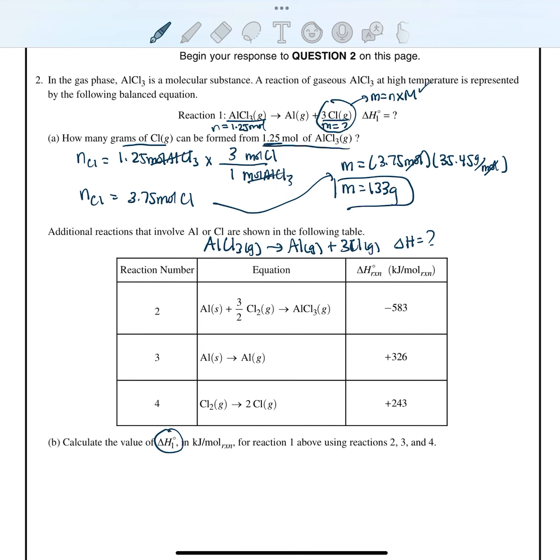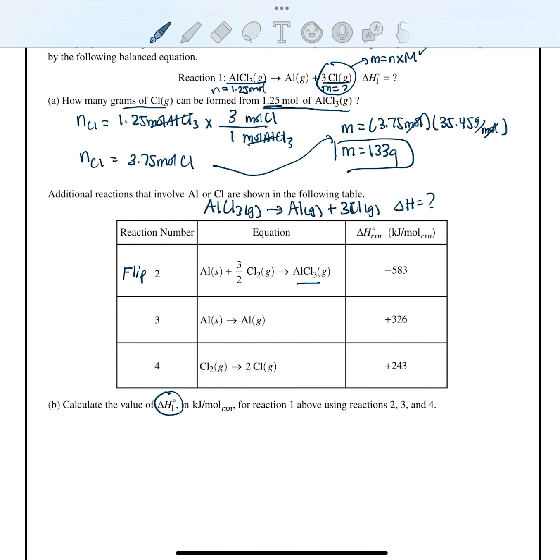So let's look at reaction number 2. Look carefully at the states as well, because that's important. Notice that the AlCl3 here is a product, but I need it to be a reactant. So I'm going to flip equation 2 so that the aluminum chloride is on the correct side. When you do that, you also need to flip the sign of delta H by multiplying it by -1.